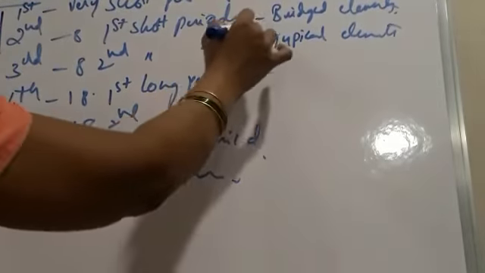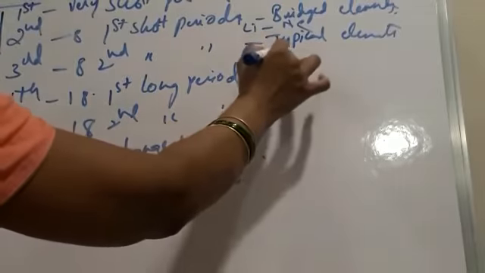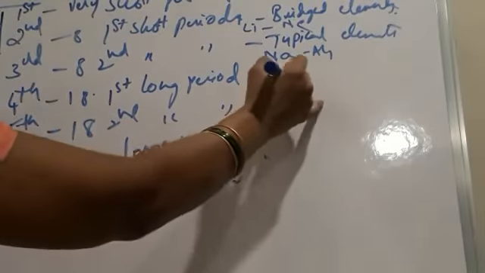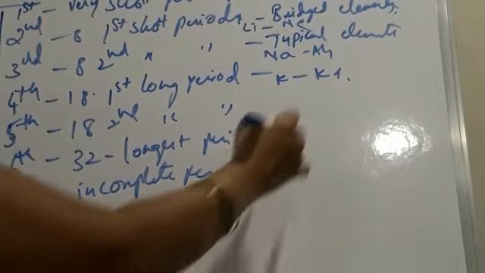So the first period has 2 elements, hydrogen and helium. The second period starts with lithium and ends with neon. The third period starts with sodium and ends with argon. The fourth period starts with potassium and ends with krypton. The fifth period starts with rubidium and ends with xenon.